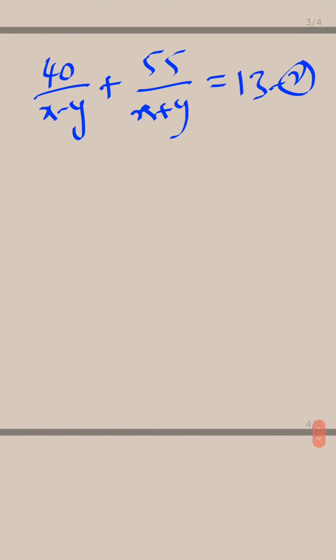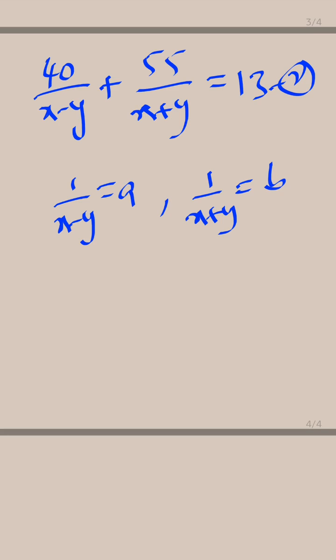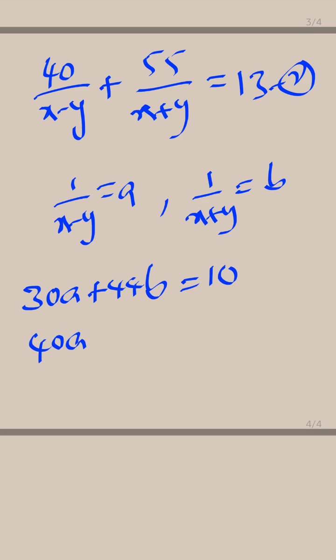In both equations, the common things are 1 by x minus y and 1 by x plus y. So I'll take 1 by x minus y equal to a, and 1 by x plus y as b. If I substitute the values in both equations, I'll get 30a plus 44b equal to 10, and another equation, 40a plus 55b equal to 13.